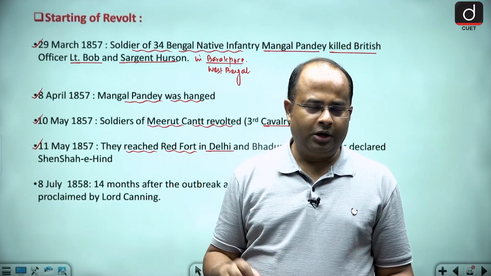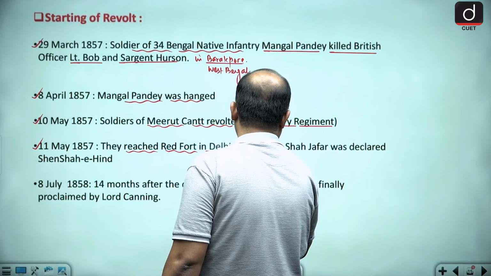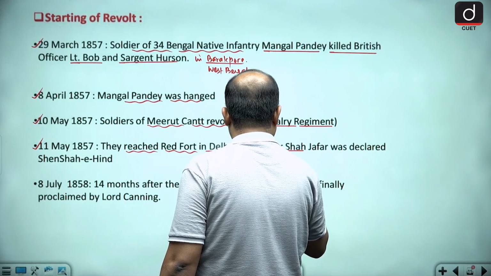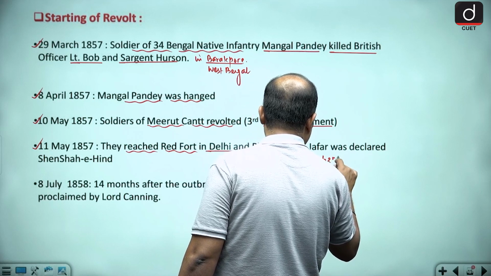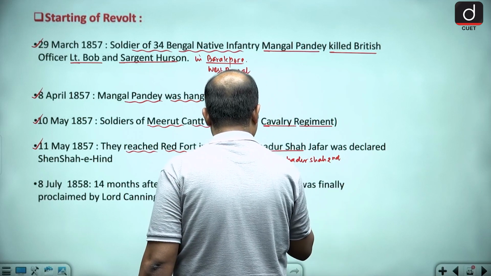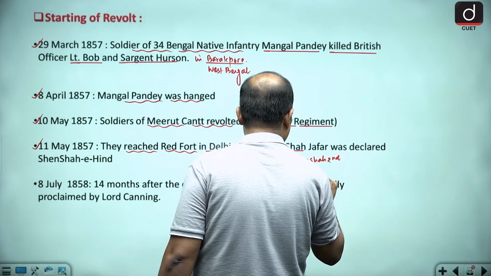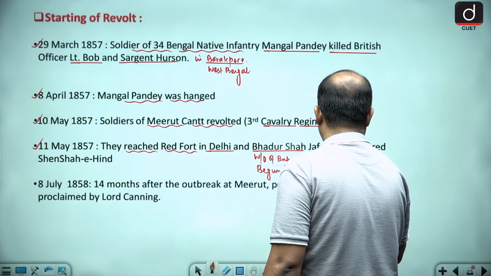Now you will find that the wife of Bahadur Shah II, Begum Zeenat Mahal, with the help of her cook, opened the door.